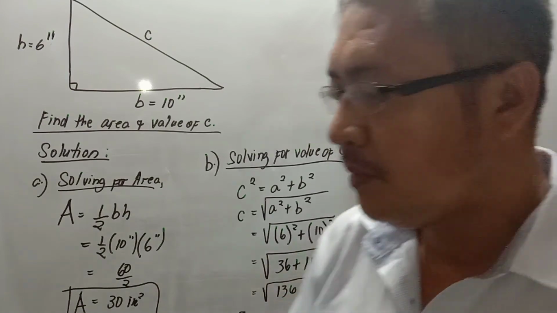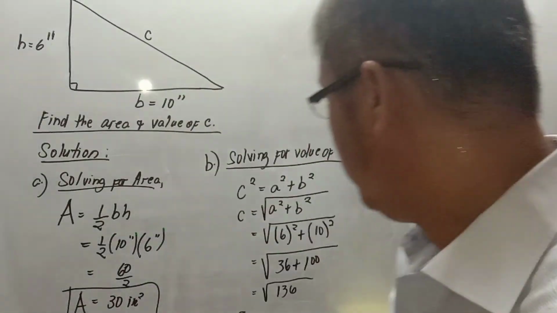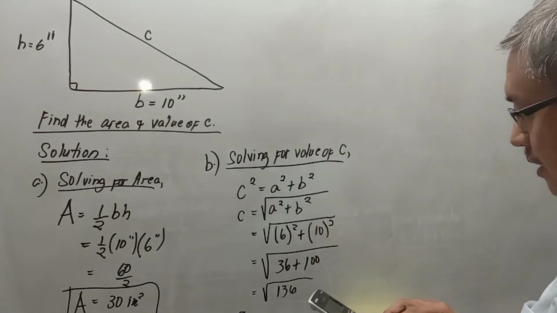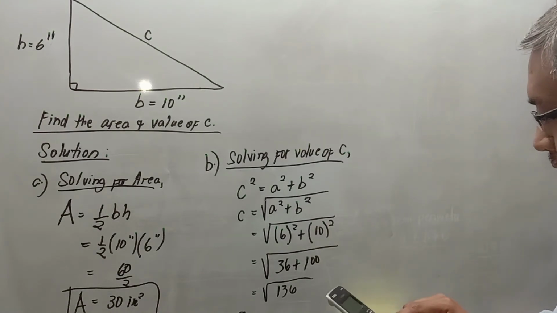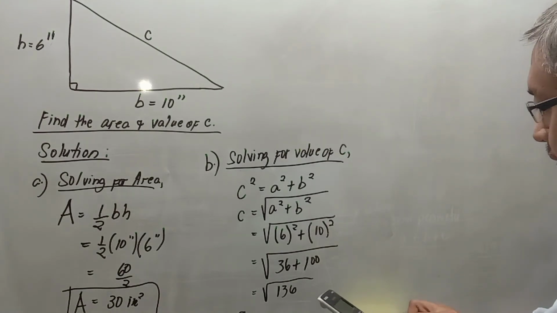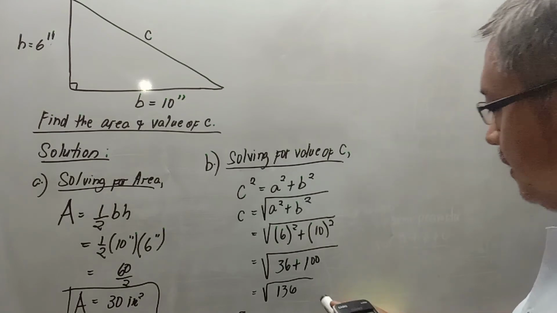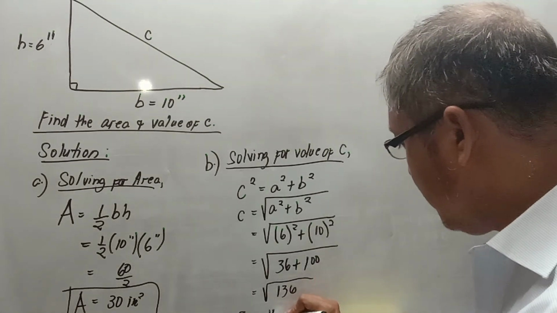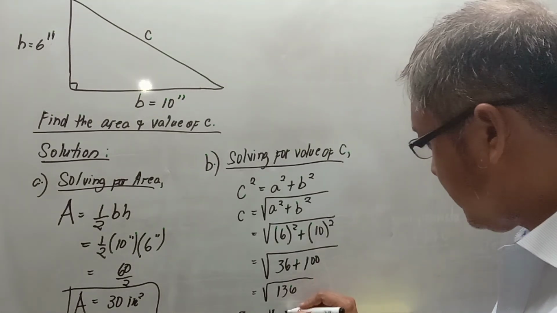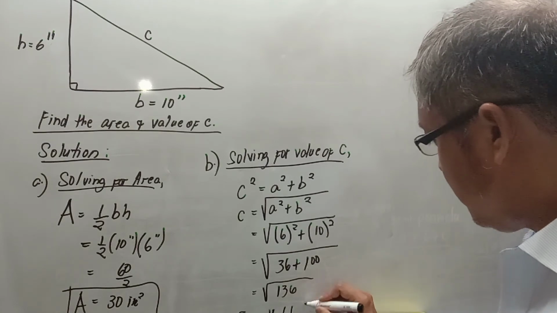Guys, let me use the calculator on how to find the square root of 136. The square root of 136 equals 11.66 inches.